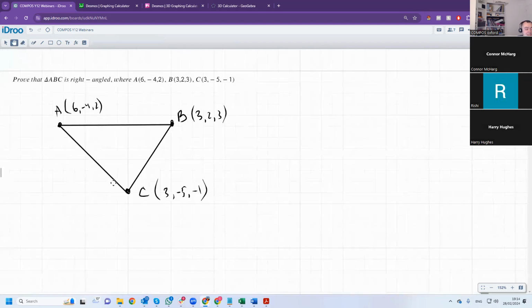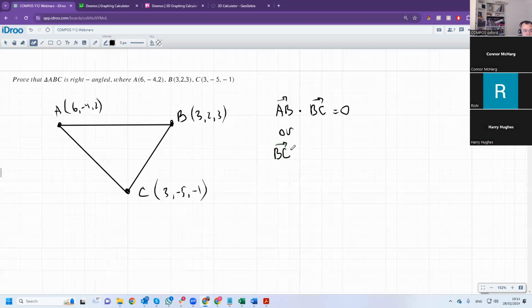So if the triangle is right angled, that means either AB multiplied by BC is 0, or BC multiplied by AC is 0, or what's the third option? AB times AC is 0. So one of the three.